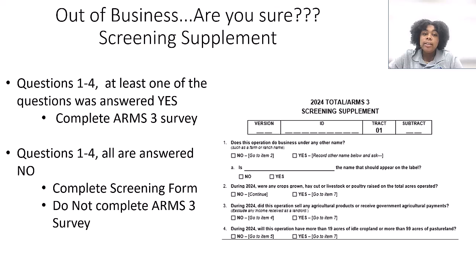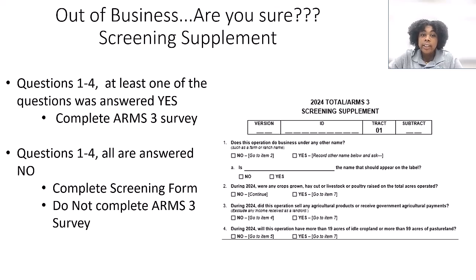If the target was truly out of business in the reference survey year, for example, if it was sold prior to January 1st of the reference survey year, you'll complete the survey screening supplements. Questions 1 through 4 will be answered no. Then you would obtain as much contact information for the new target/operator as you can, and then you will provide the screening supplement to your regional office as directed.